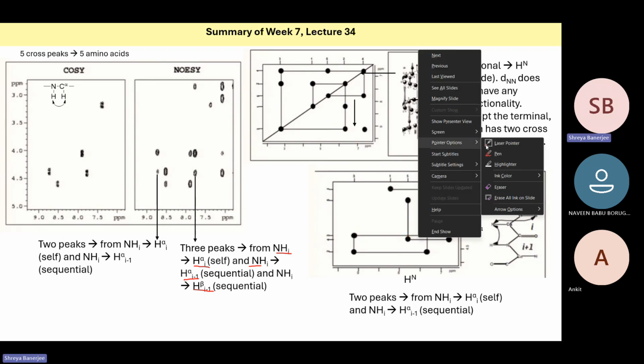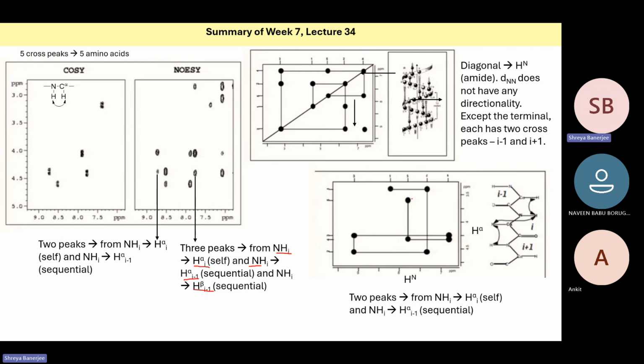So suppose this is i. This is the sequential peak with i-1. Again, when we go in the horizontal direction, this is the self peak of i-1. Then as we go in the vertical direction, we get i-2.